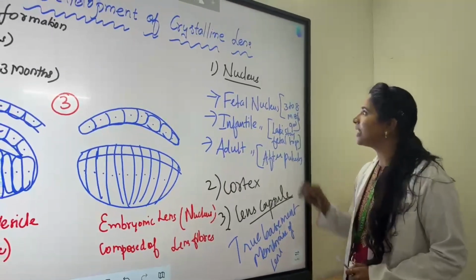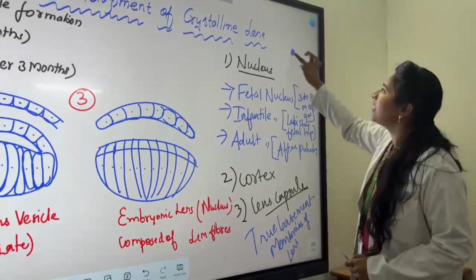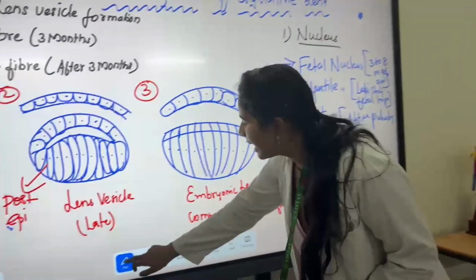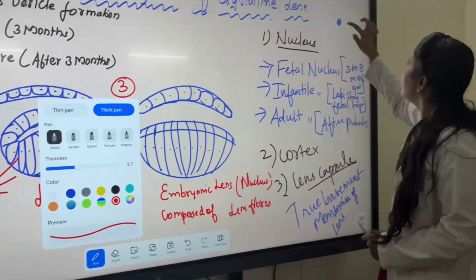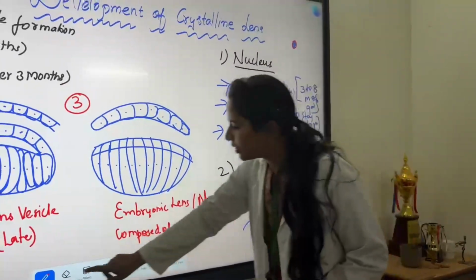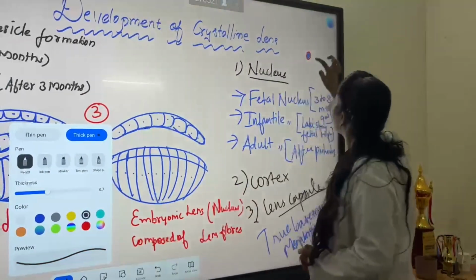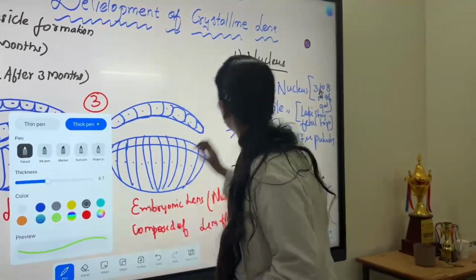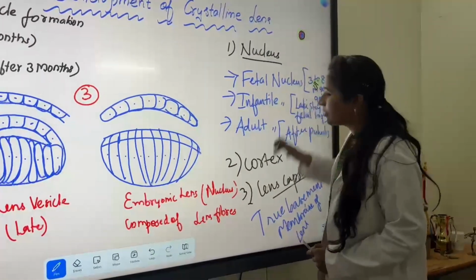Once again I am telling, here we will have the nucleus. First will be the embryonic nucleus. Next will be the fetal nucleus. Next will be the infantile nucleus. Then it will develop into the adult nucleus.